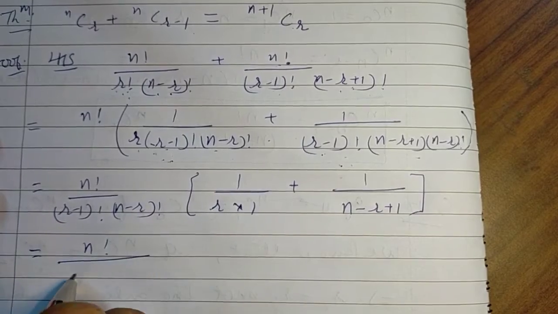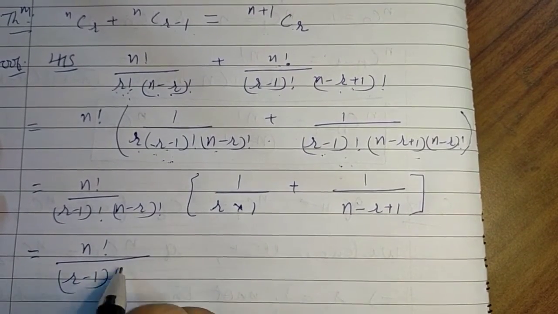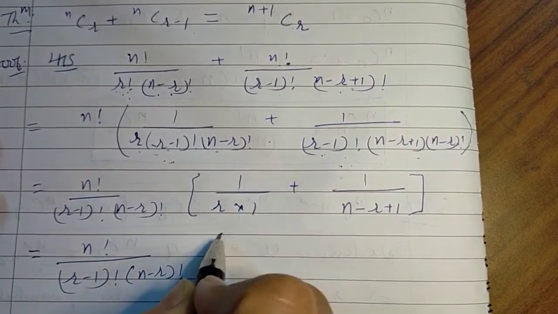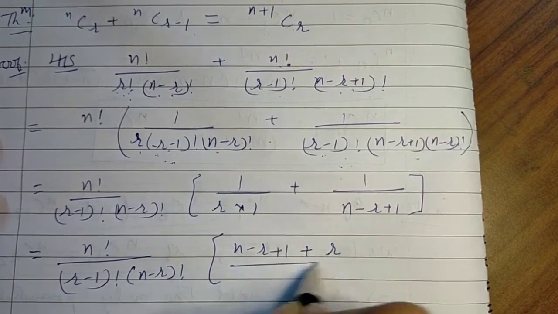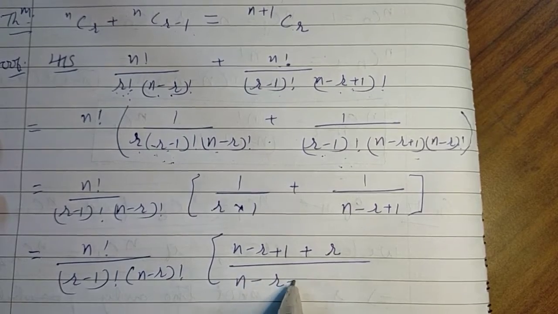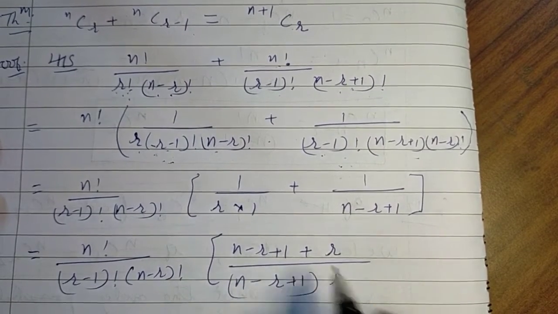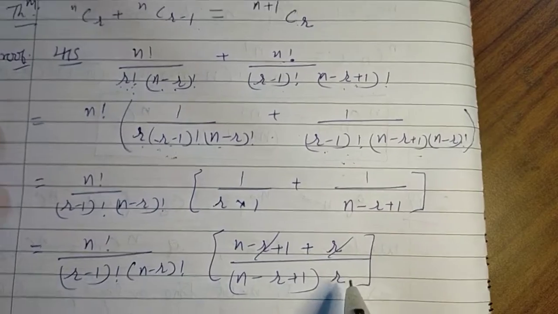Let's evaluate this. (r minus 1) factorial, (n minus r) factorial, (n minus r plus 1 plus r) upon (n minus r plus 1) into r. This r and this r get cancelled.